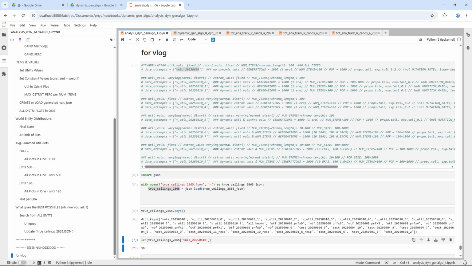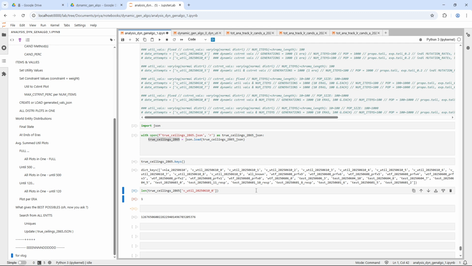I got 39 from them. And for the first two after that, where the utility values would be set to vary, I had one true ceiling. And the next one, where I had the population size set to 1000, had 4 true ceilings.